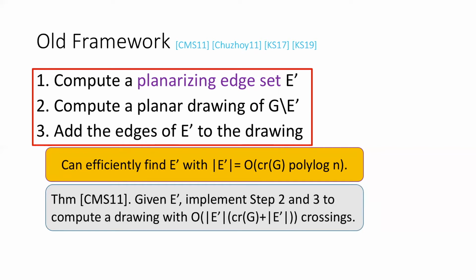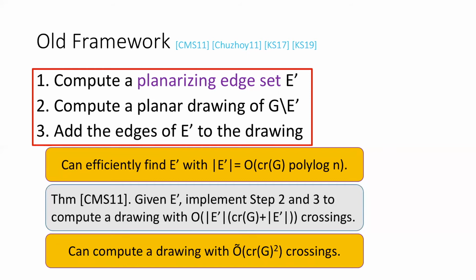Okay, so basically they compute a drawing of the graph by implementing the second and third step in the framework with this many crossings. So combined together, we can compute a drawing with at most CRG squared crossings, and this translates into a square root of n approximation algorithm. Okay, so this is how all the previous work used this framework and got the best, which is square root of n approximation algorithm.